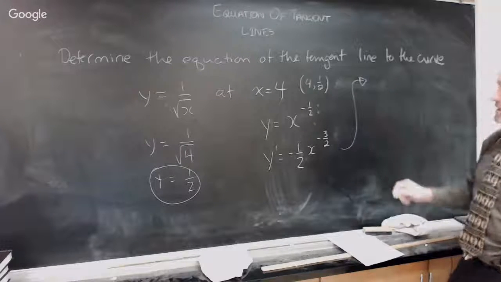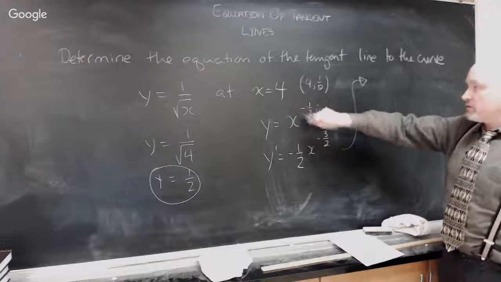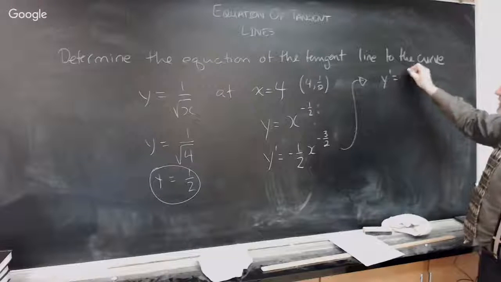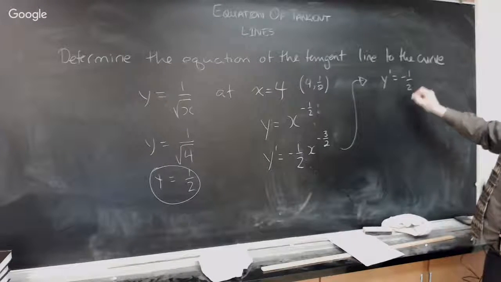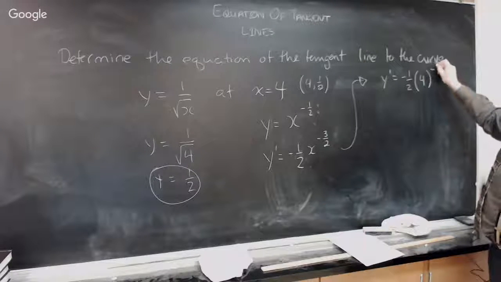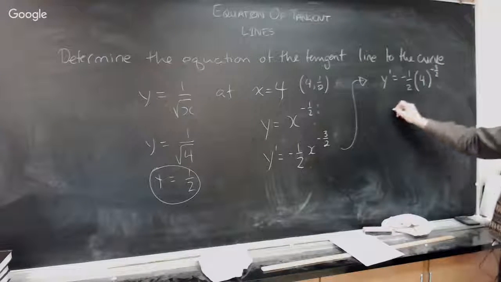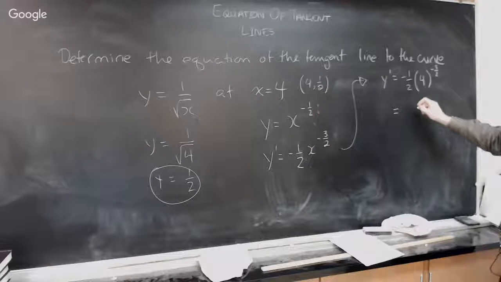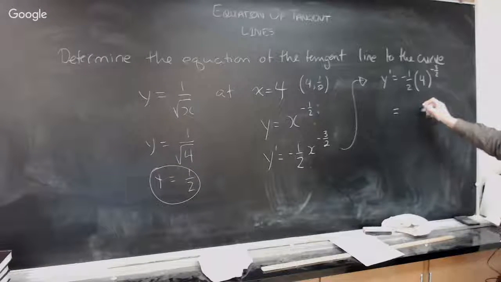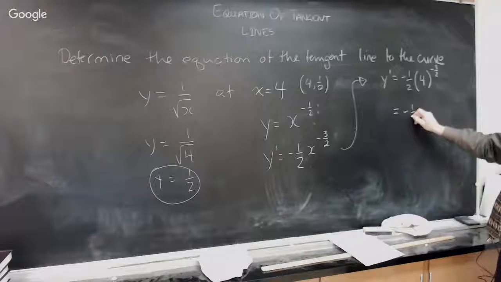Okay. This is the derivative. It's going to tell us the slope everywhere. So we are going to figure out the slope when x is equal to 4. So 4 to the exponent -3/2, which is, gee, that's kind of complicated, isn't it?